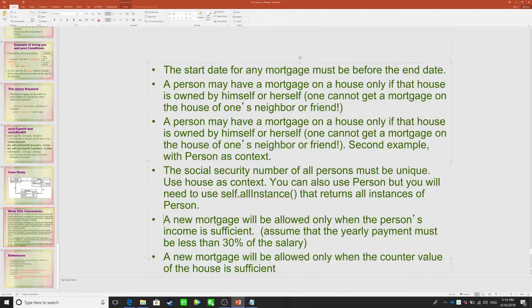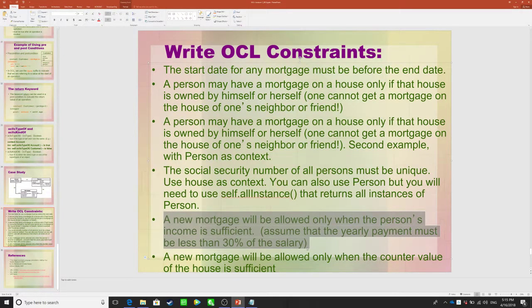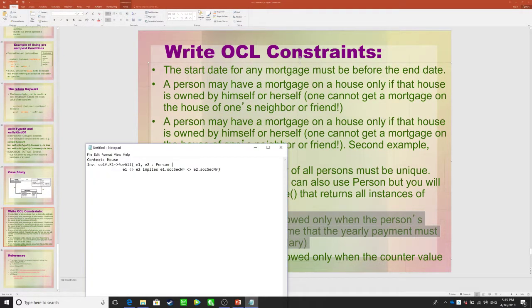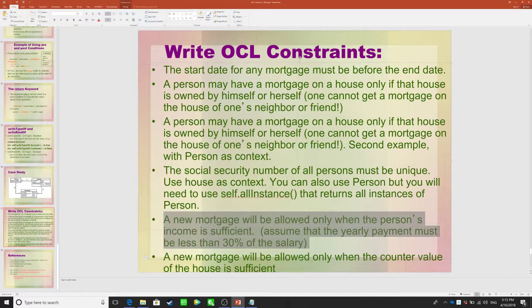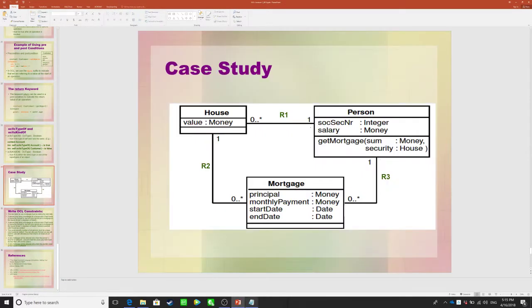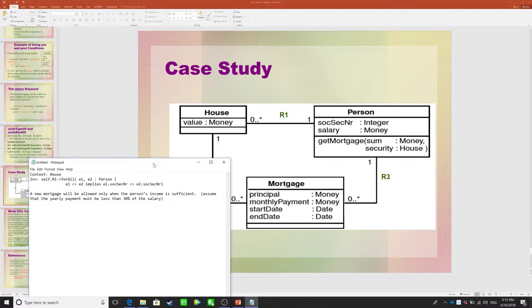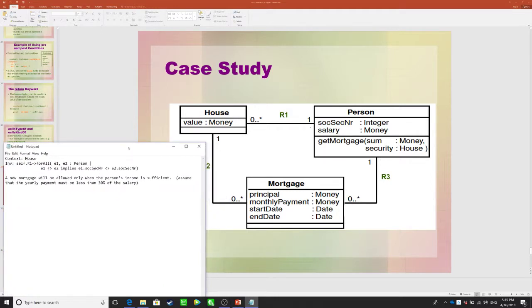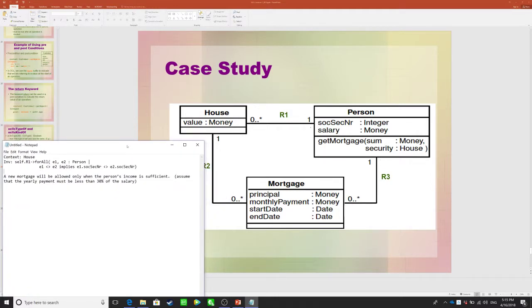Let me copy paste this here. Okay, let me read it again. A new mortgage will be allowed only when the person's income is sufficient. Assume that the yearly payment must be less than 30% of the salary.